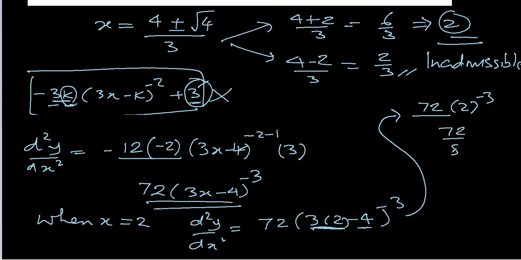So 72 divided by 8 is 9. Why divided by 8? Because we have to make it positive. You can straight away put this in a calculator. Also you'll get 9, straight away 9.